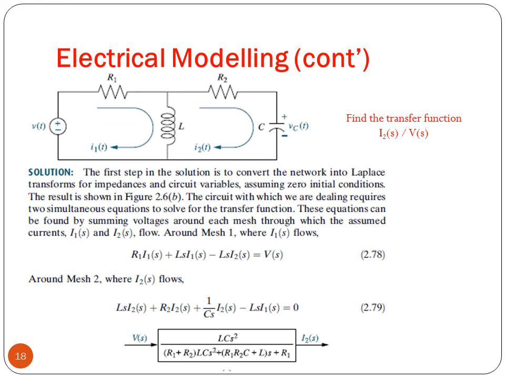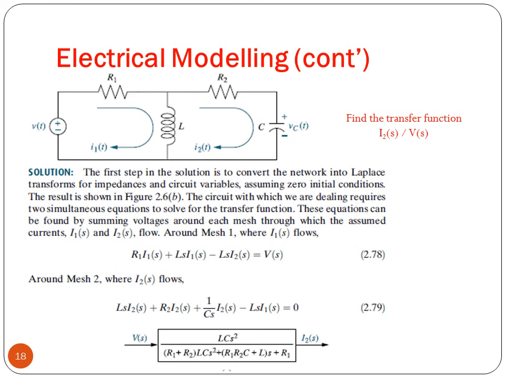Here is another example. At this level, we have two different meshes. We express each mesh alone, and based on that, we'll be able to calculate I2 of s as a function of V of s. In fact, it is for the instructor to specify which variables he needs to extract or to express.